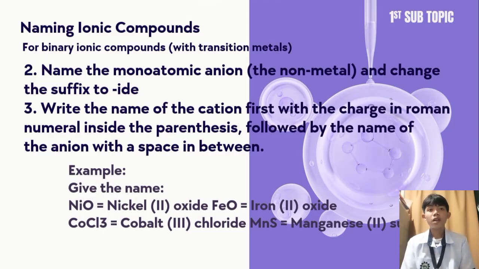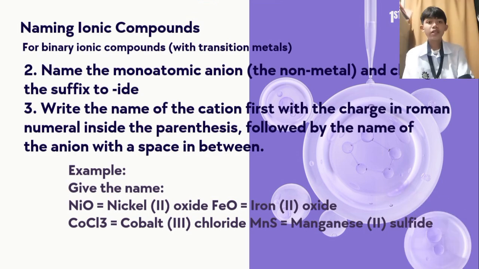The third step is to write the name of the cation first, with the charge in Roman numeral inside the parentheses, followed by the name of the anion with a space in between. Here are the given examples. The first example is NiO, which is nickel(II) oxide.